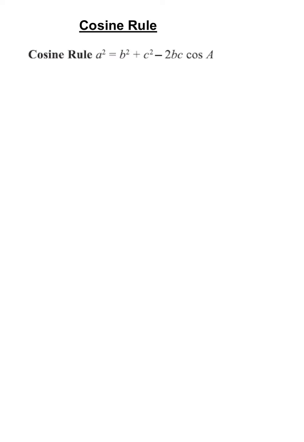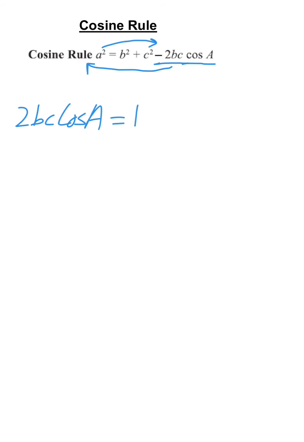So let's just do a bit of rearranging with the formula. I want to get cos A on its own because cos A is my angle. So I'm going to bring the minus 2bc over to the left, and that's going to make it a positive. So I have 2bc cos A now on the left. Then I'm going to bring the a squared over to the right.